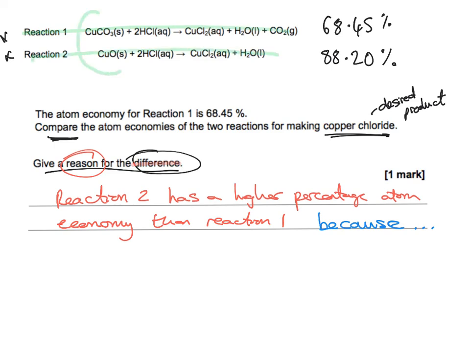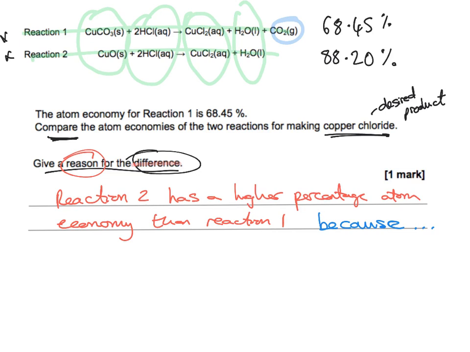They've both got similar starting products. Reaction 1's copper carbonate and reaction 2's copper oxide. They both make the same desired product. They both make water as a liquid, but reaction 1 makes carbon dioxide as a product, whereas reaction 2 doesn't. So this is the difference.